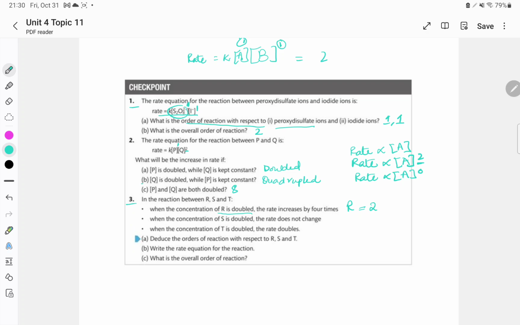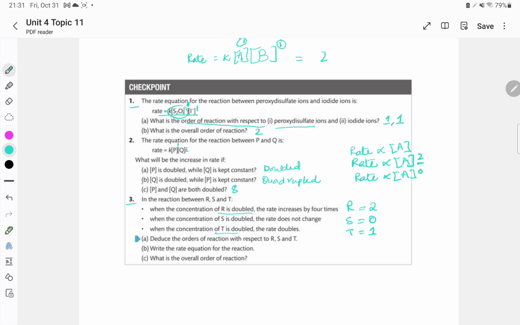When the concentration of S is doubled, the rate does not change. So in that case, S is going to be zero order, because in zero order it is independent. And when the concentration of T is doubled, the rate also doubles. So T is going to be first order, because in first order it's directly proportional.